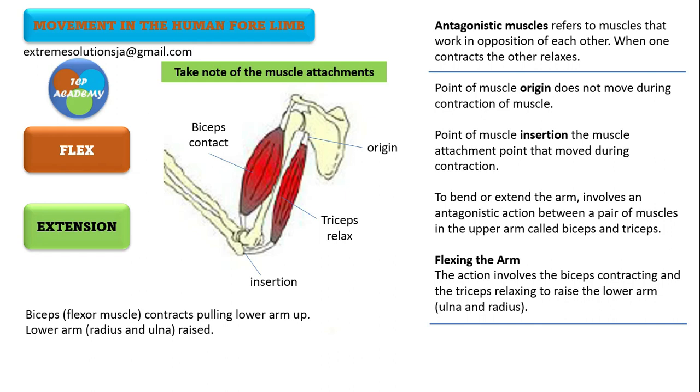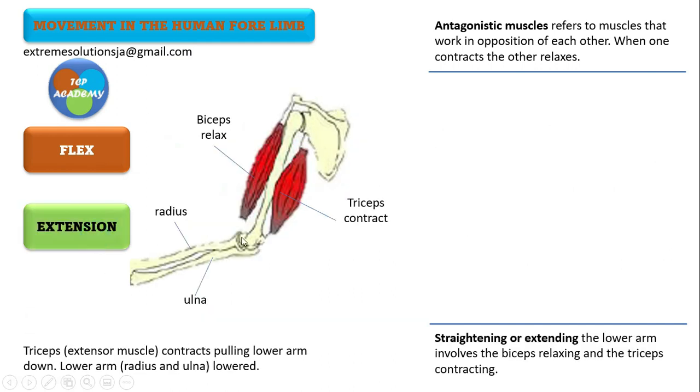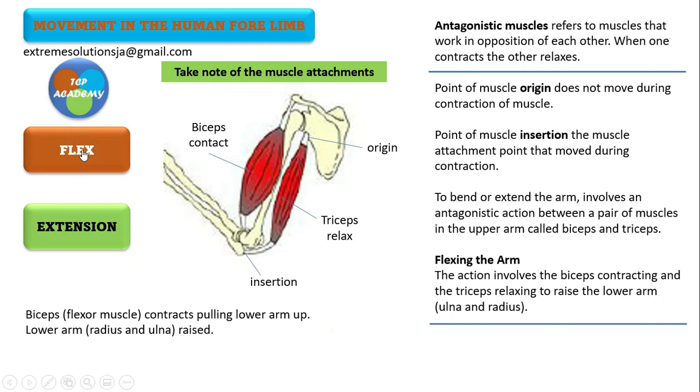So always remember the point of insertion is the point that moves when the muscle contracts. So let's look at extension here, the muscles and the bone. So here, if you observe, the arm is lowered. So it tells us that this is the point of insertion, while the scapula here does not move or shows just little movement. So that is pretty much facts to support the point of origin and insertion.